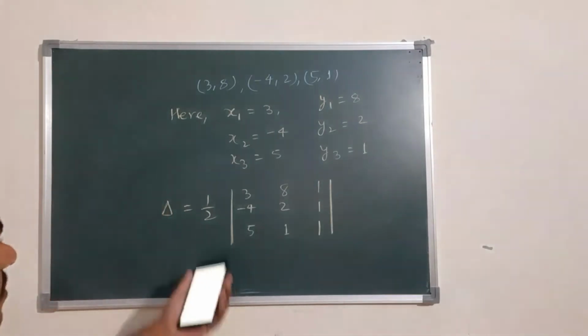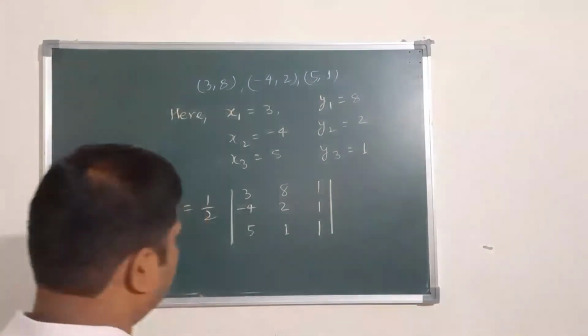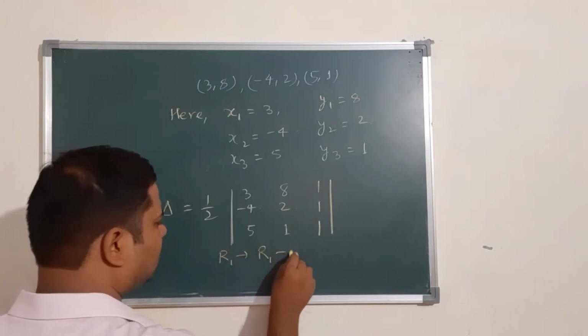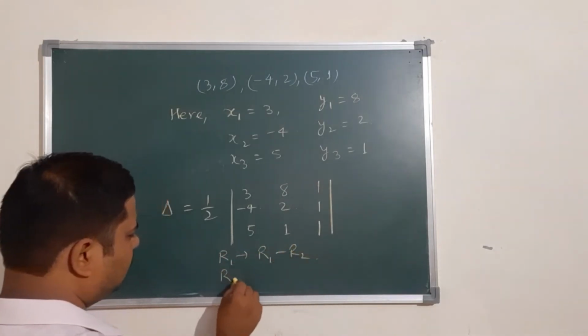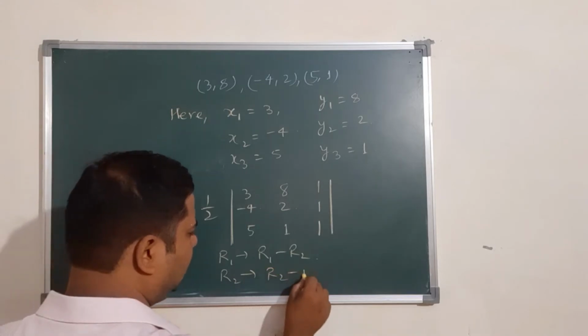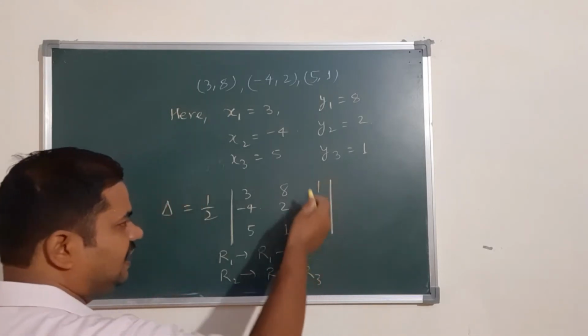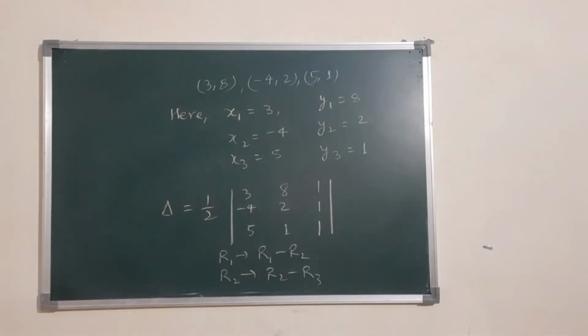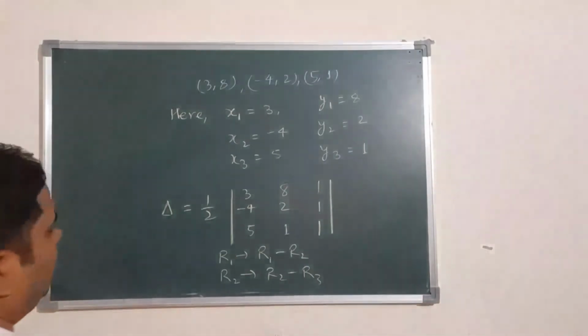So how will we solve? It is very simple. In this we apply R1 → R1 - R2 and R2 → R2 - R3. We will easily get zeros, then expand it and we will get the area of the triangle. So let us see how we get the answer.